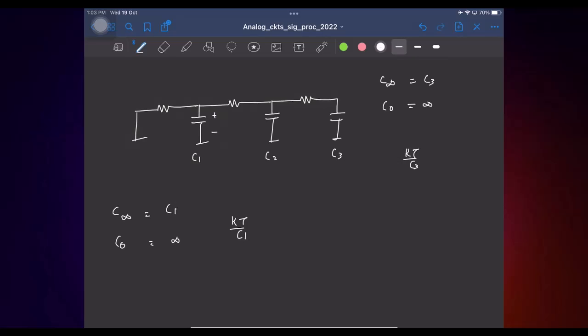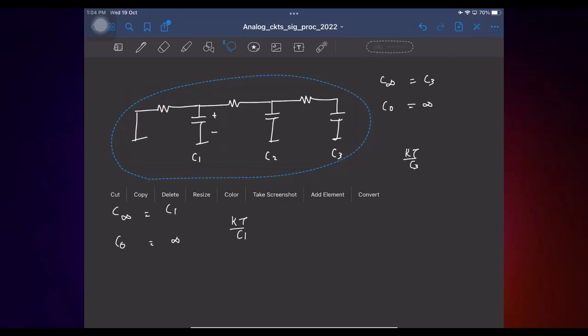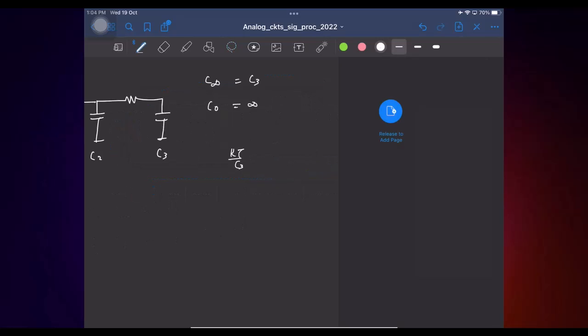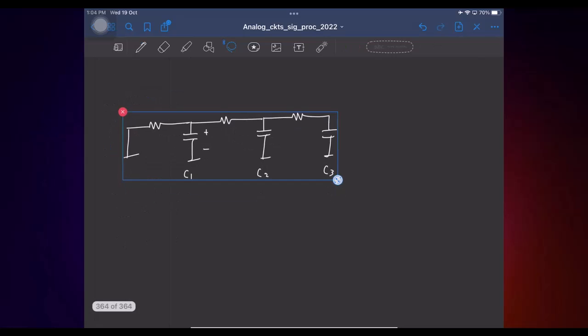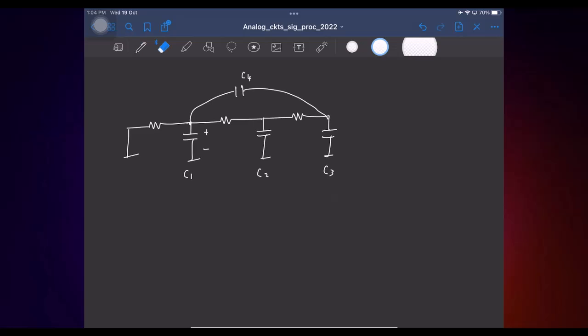Okay. So now let's just make it a little bit interesting. So you have a capacitor here, C4, and say this is my output. What is C infinity?